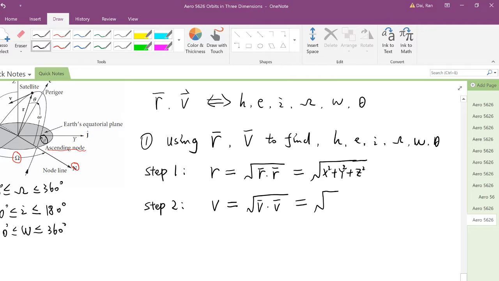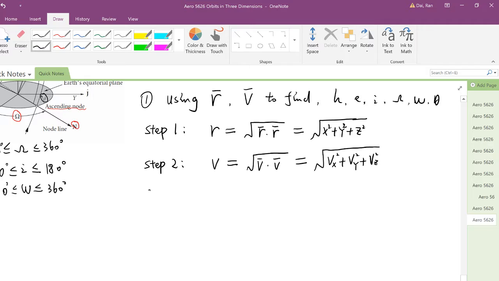It's also equivalent to vx squared plus vy squared plus vz squared, and the square root of the summation. And the next, step 3. After we calculate the v magnitude, we can get the radial velocity.